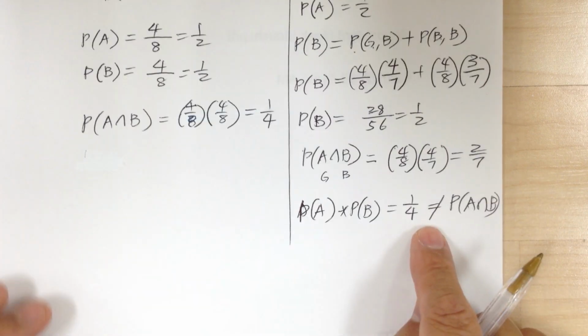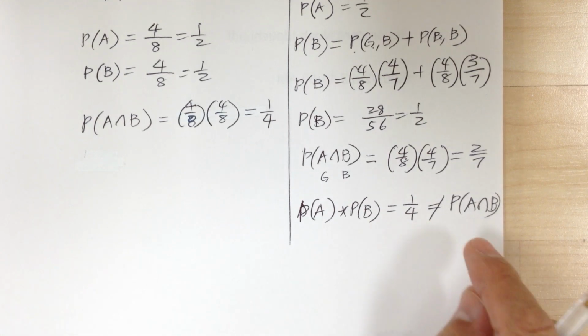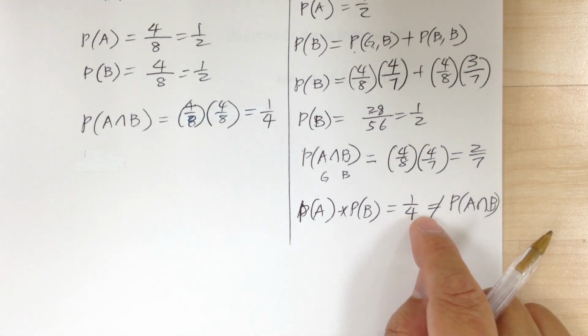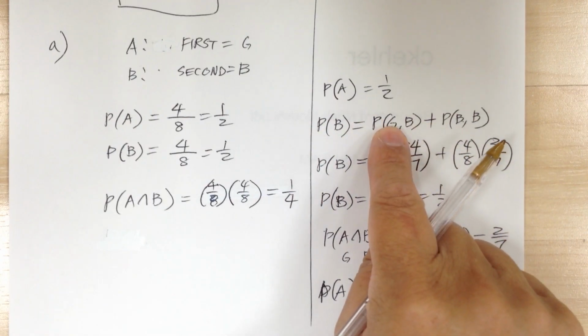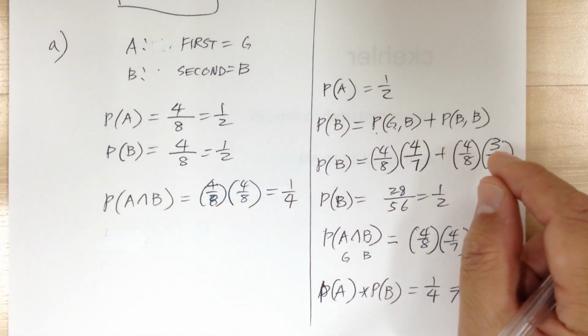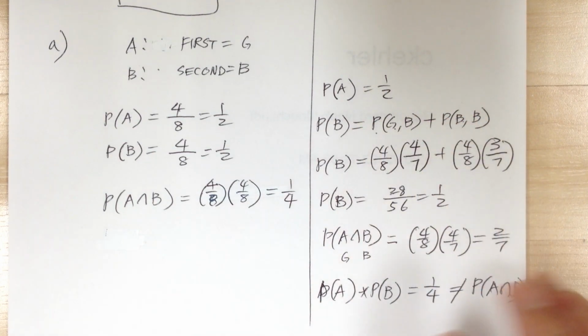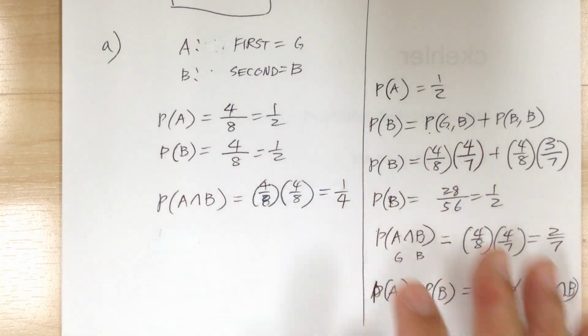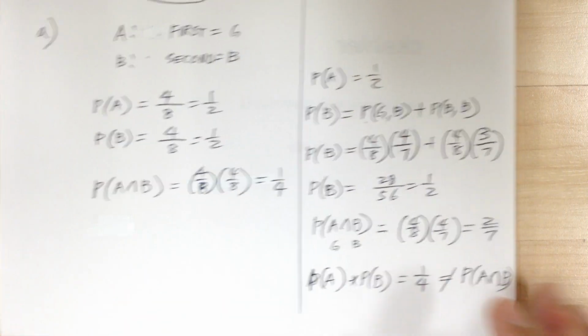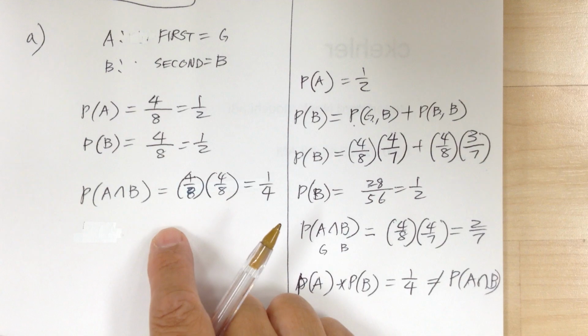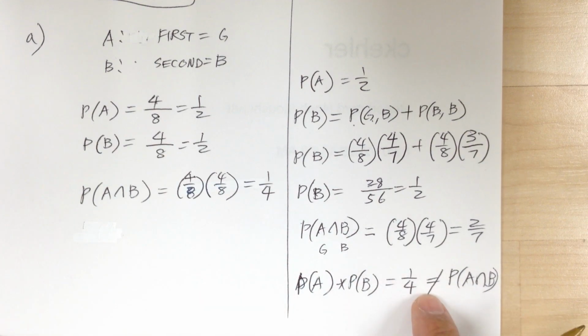So that means A and B are dependent. It means the second one depends on what you draw on the first one. So when you don't put things back, the probability of the second one will be affected by the first one. Whereas when you put back, then it doesn't matter. So mutually exclusive is easier, but when you are dependent, it's much more complicated.